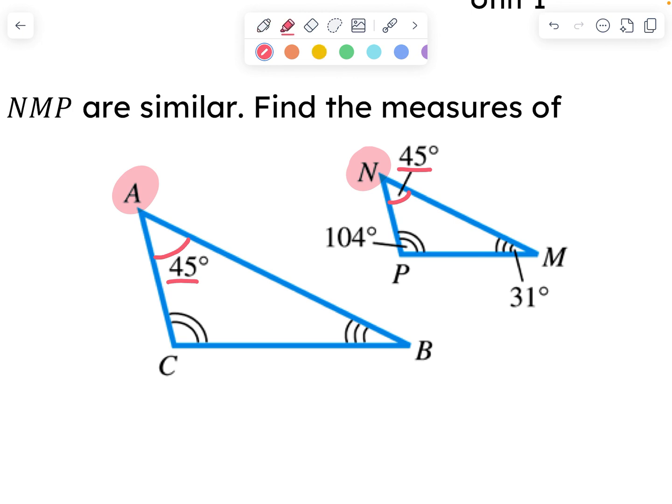If I'm looking at B, B has 1, 2, 3 tick marks. So over here, that's going to go with M because M also has 1, 2, 3 tick marks. So if M is labeled as 31 degrees, then that means B should be 31 degrees.